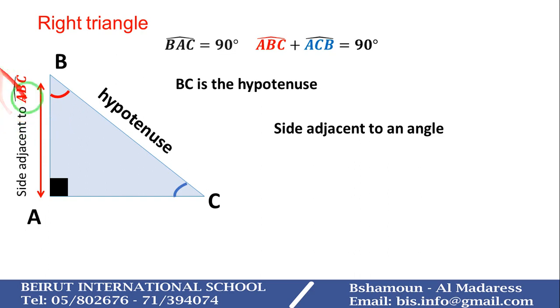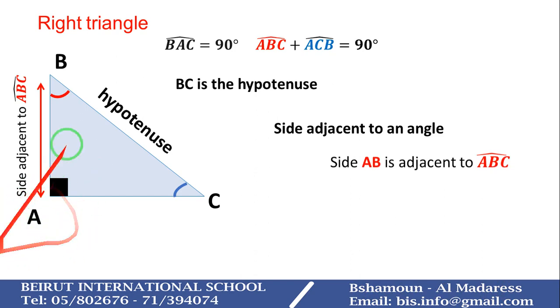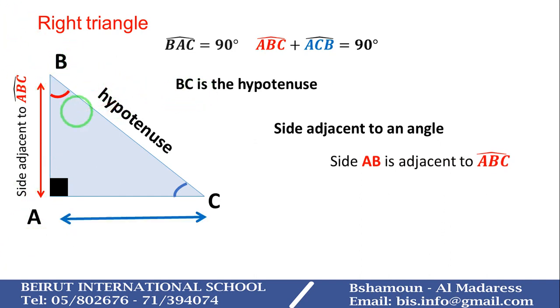So side AB is adjacent to angle ABC. And the angle ACB, which is colored in blue, is included between two sides, BC, the hypotenuse, and AC, which is the side adjacent to angle ACB.